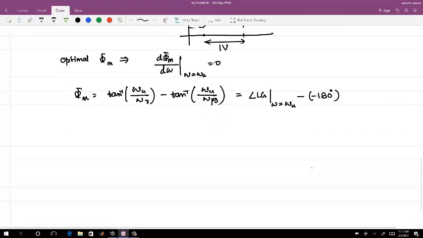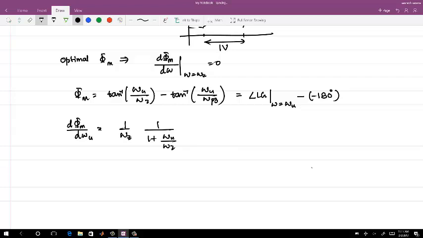Okay. So now derivative of phi m with respect to omega u is 1 by omega z by, I can give you the direct equation, but I do not want to scare you with the final equations. That's why I'm deriving here.